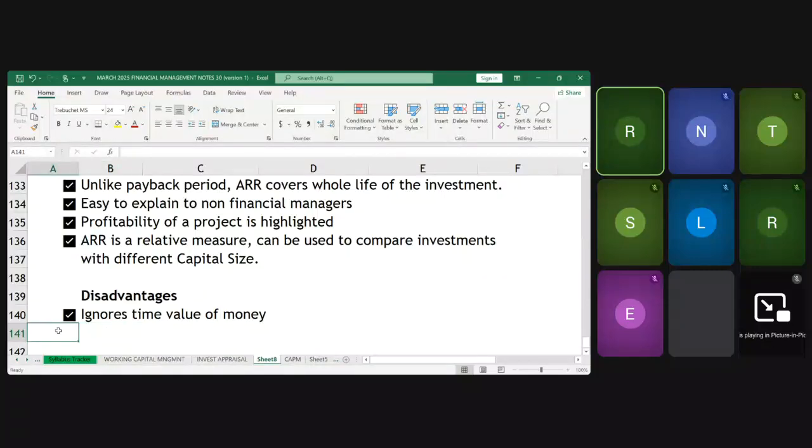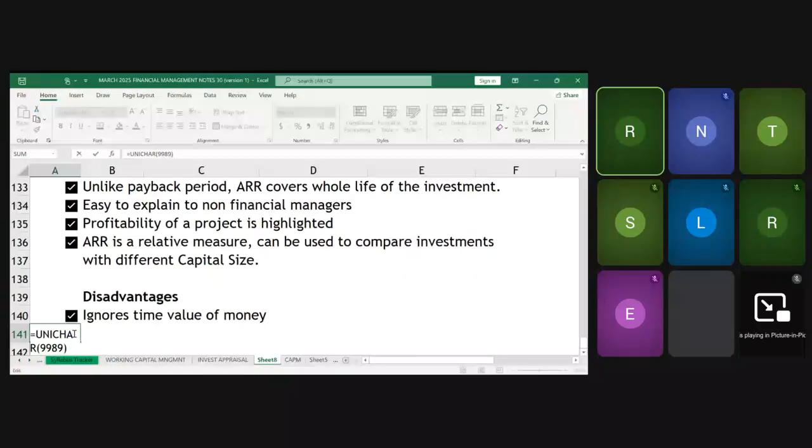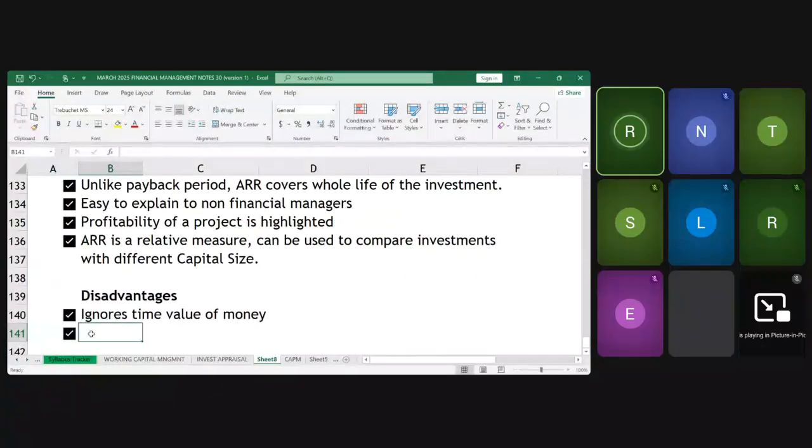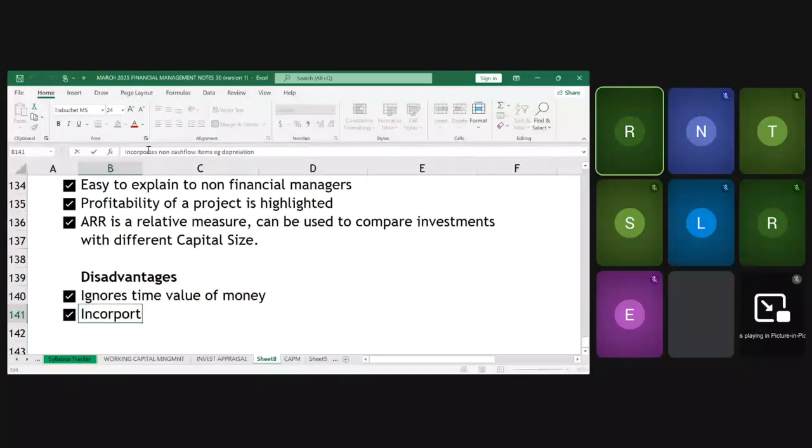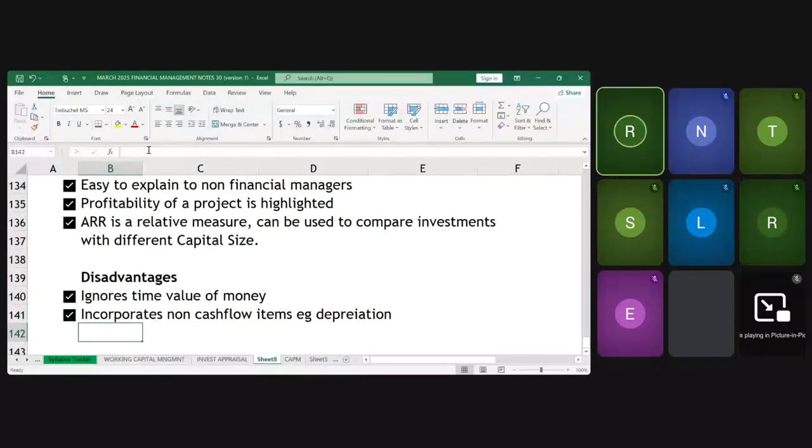Another disadvantage. Number two is to say that it incorporates non-cash flow items, e.g. depreciation. So depreciation is not relevant, it's not a cash item, and this one it incorporates. It incorporates the non-cash flow items like depreciation.